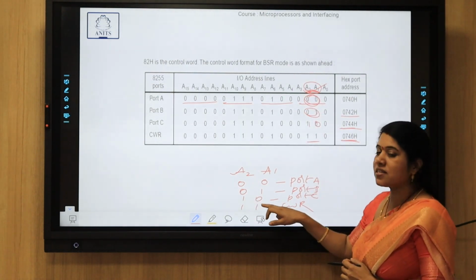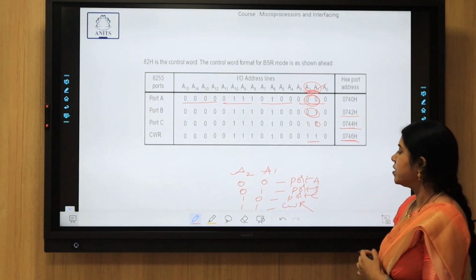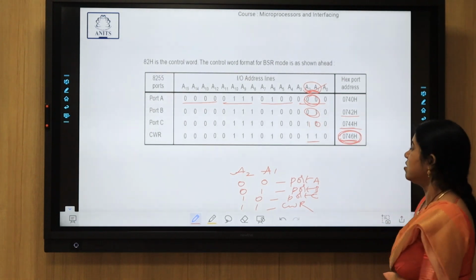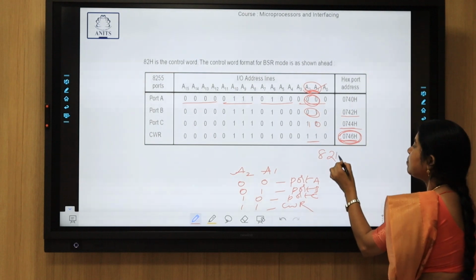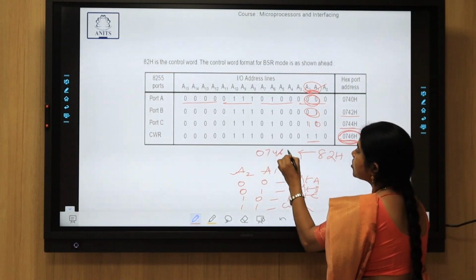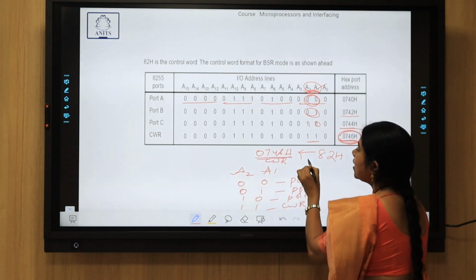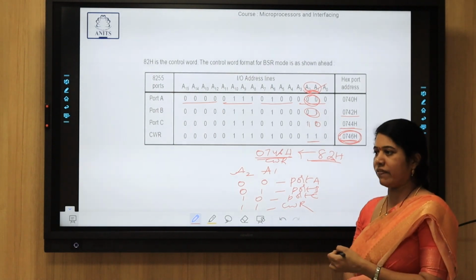If we change these A2 and A1 lines, the corresponding port will be selected. Like that we have to obtain the control word register address. So what is the control word we got? That is 82H. That must be sent to the 0746H address, that is the control word register address, then only the ports are initialized according to the requirement.